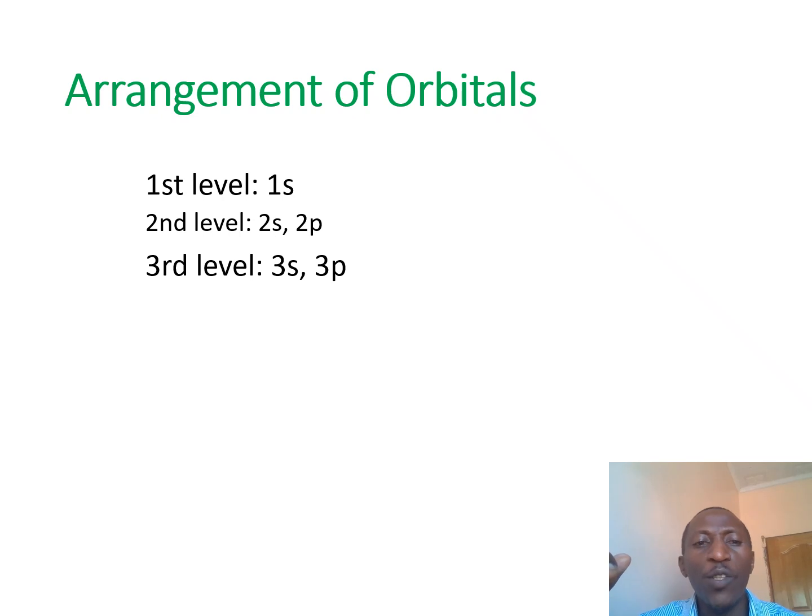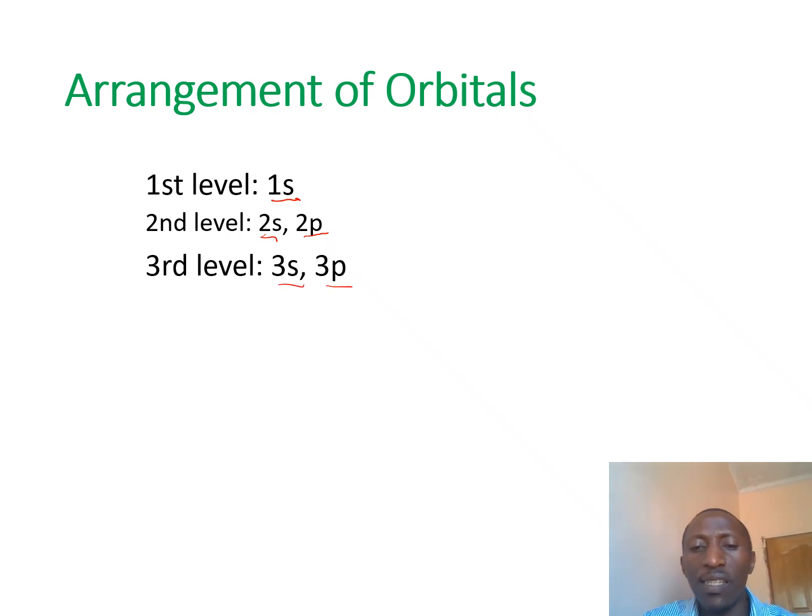How are the orbitals arranged? In the first energy level, we have 1s. In the second energy level, we have the orbitals 2s and 2p. In the third energy level, we have 3s and 3p.